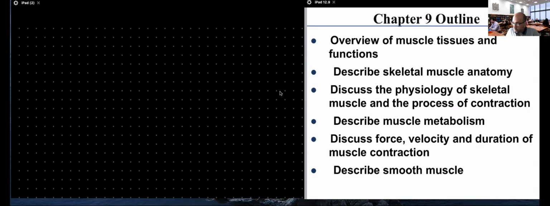We're also going to discuss later in this chapter what determines the force, velocity, and duration of a muscle contraction. We'll have a brief hint about the difference between skeletal muscle contraction, our main topic in this chapter, and smooth muscle contraction.